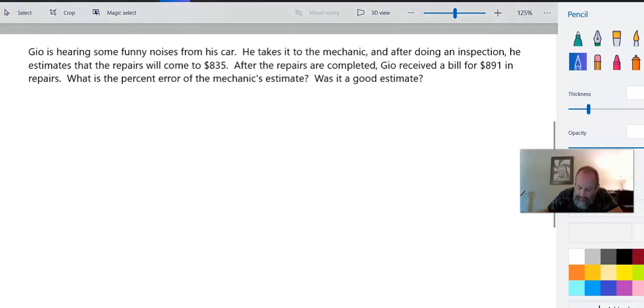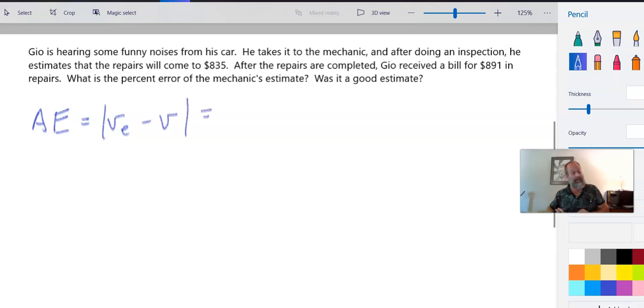The absolute error is just going to be the absolute value of VE minus V. So let's go ahead and consult the magic box.